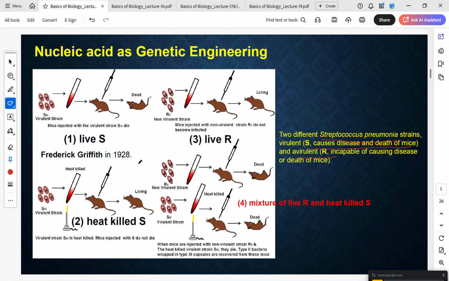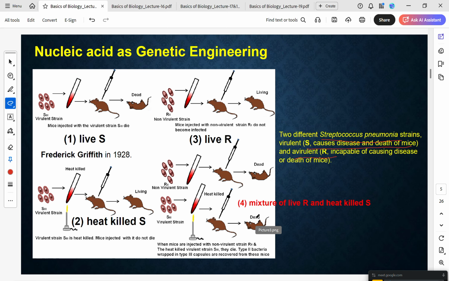However, when he mixed the heat killed S strain with the non-virulent R strain, the mice die, indicating that there is something that has transferred between the heat killed S strain and the R strain, which leads to the death of the mice. And furthermore, when he examined the mice, he found that there is live S strain found within the mice.